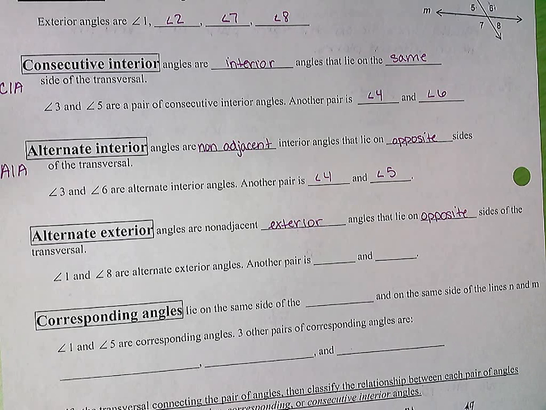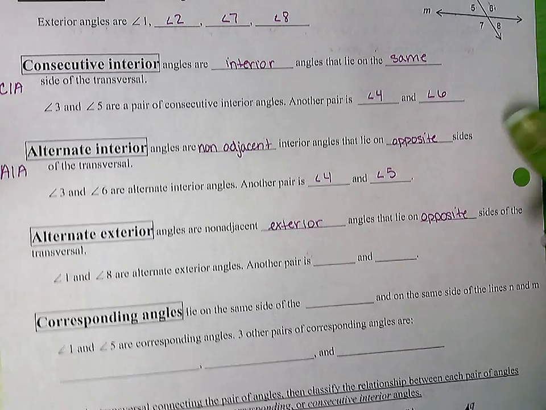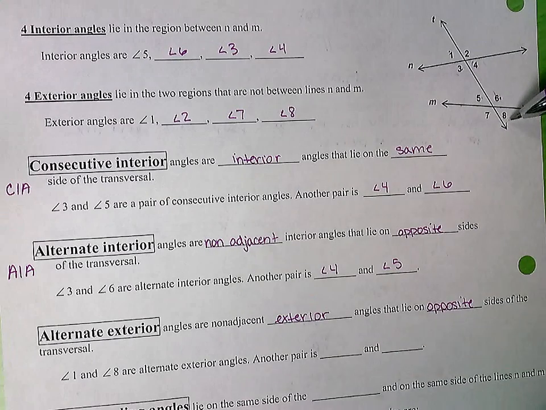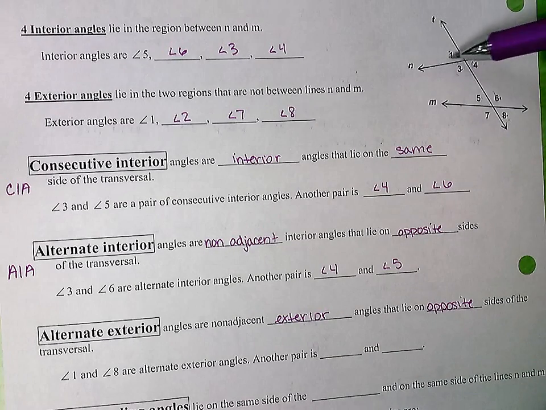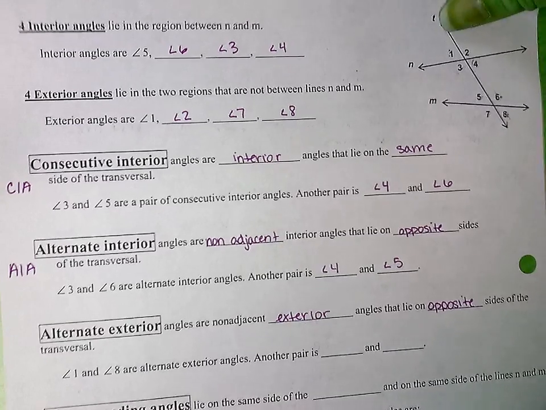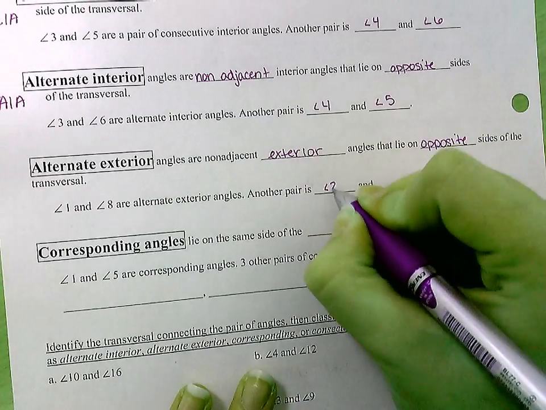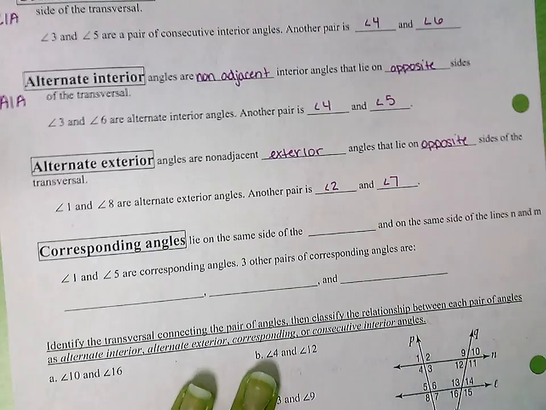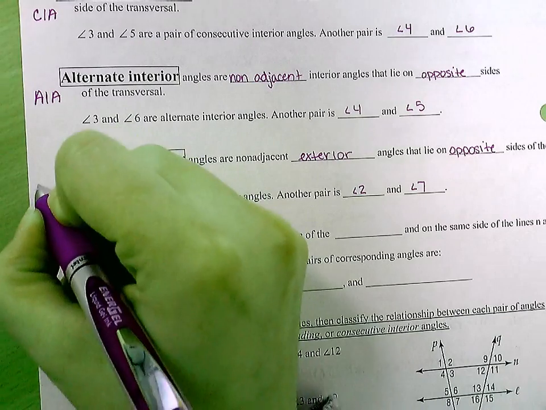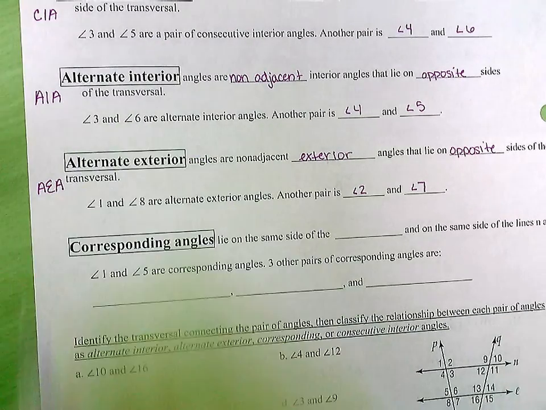That alternate means that they're going to be on opposite sides of your transversal, like alternate interior, except this time they are exterior angles. So 1 and 8 are alternate exterior angles. Your other pair of alternate exterior angles would be 2 and 7. Our abbreviation is AEA.